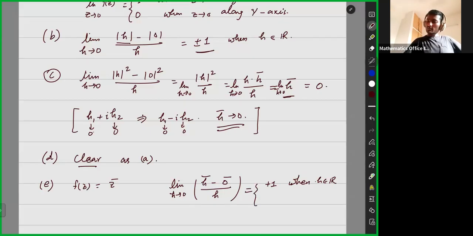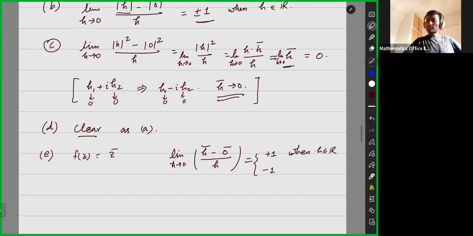It is always plus 1. But when h is pure imaginary, then it becomes minus, because h bar becomes minus of h, and h is ih2. When it is real, it is always one. When it is imaginary, it is plus or minus one.